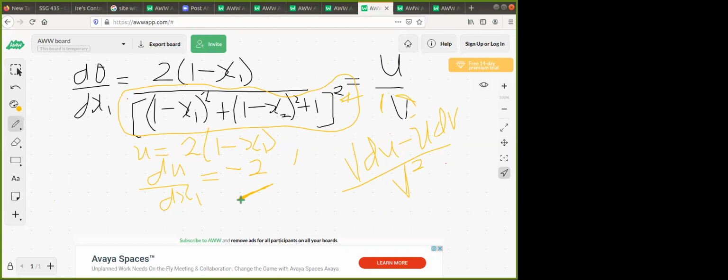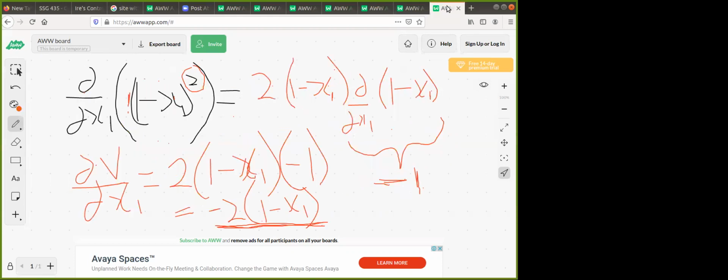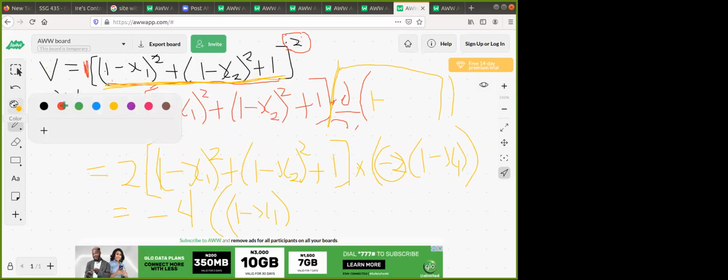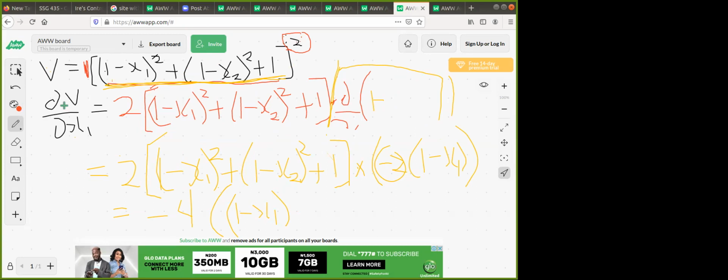So let me point something out to us here. At this point, are we still following? Yeah. So at this point here, remember that our value of x1, actually we can continue, but it will just be getting too large. Our value of x1 here, previously when we calculated it, is 1. It means when x1 is equal to 1, we have either maximum or minimum.